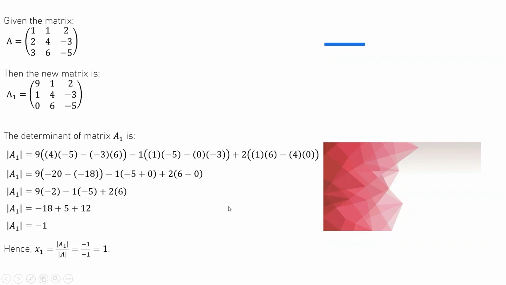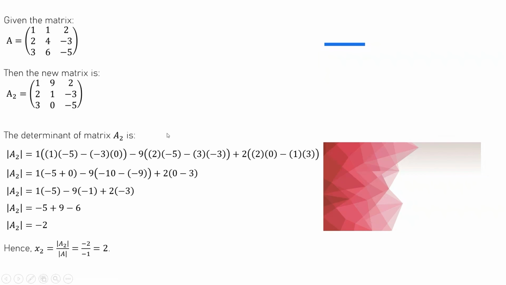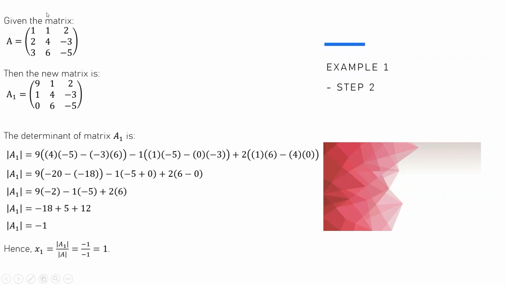Next, we need to change the ith column with the matrix B. This is the original matrix A: 1, 1, 2, 2, 4, negative 3, 3, 5, negative 5. Let's change the first column of matrix A first.